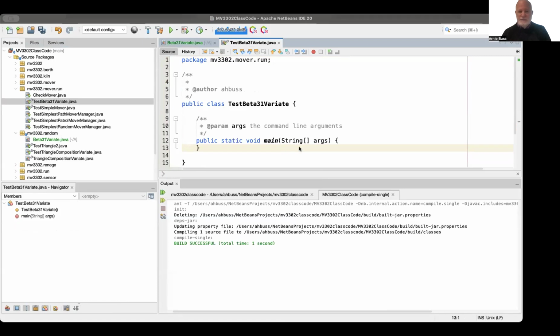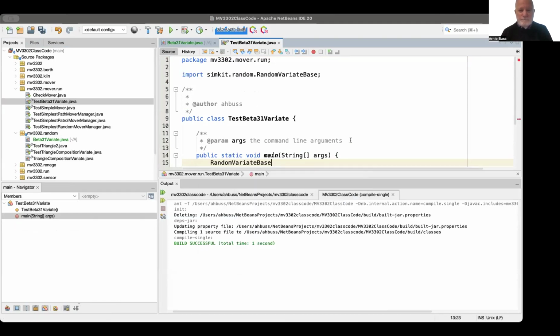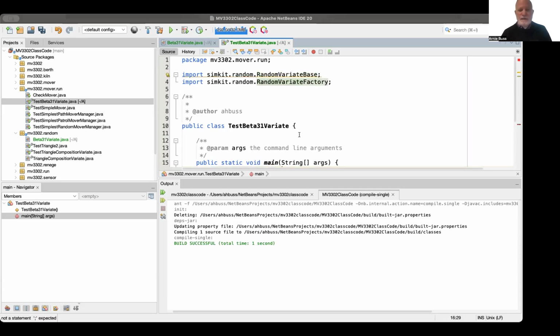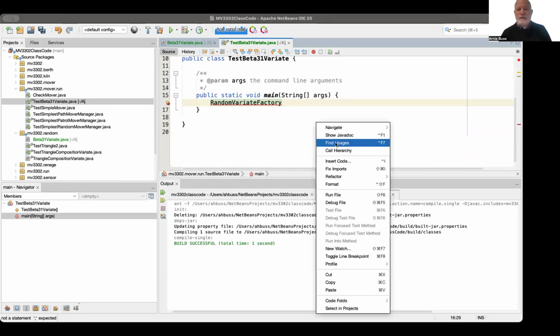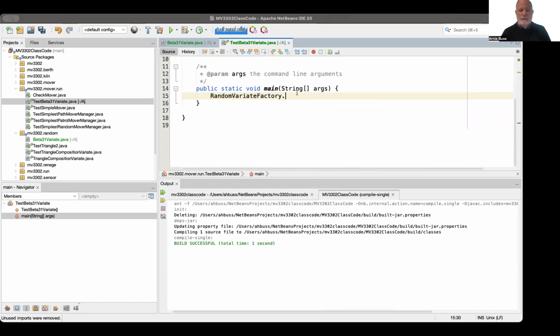So it's in a different package. Base on random variable factory. Search package MV here 2 random. That's so we can, don't necessarily need this, or if I give it the fully qualified name, but I'm lazy, I don't want to do that.